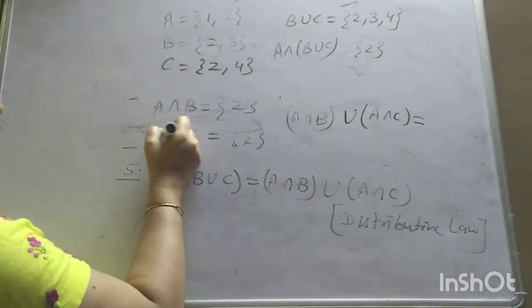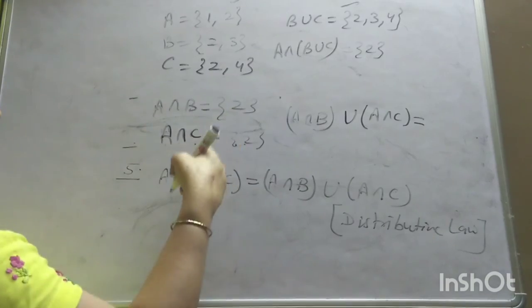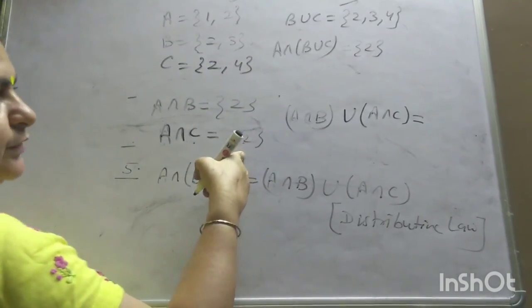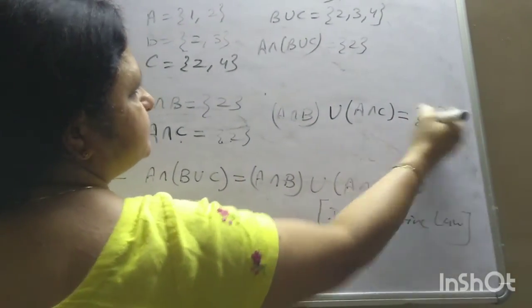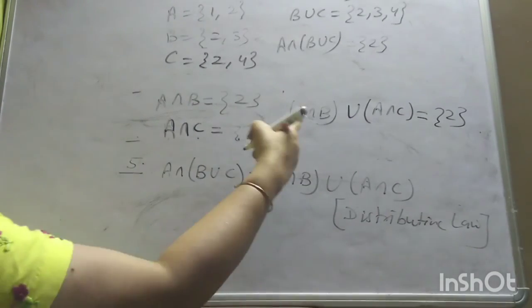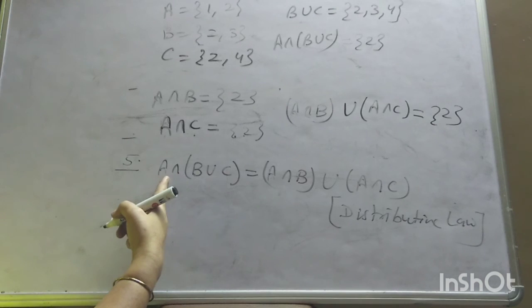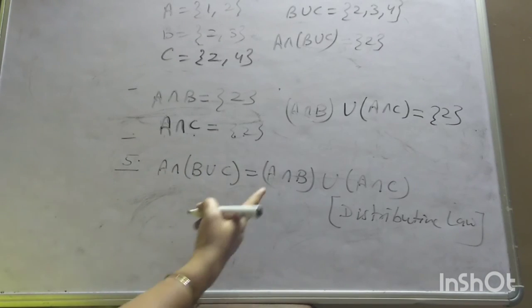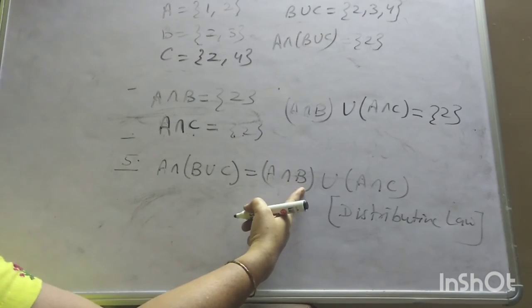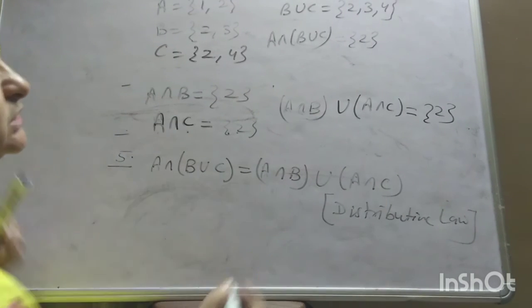Union means we have to write all the elements of both sets. So here we have 2. So result is again 2. So left hand side is equal to right hand side. So A intersection (B union C) is equal to (A intersection B) union (A intersection C).